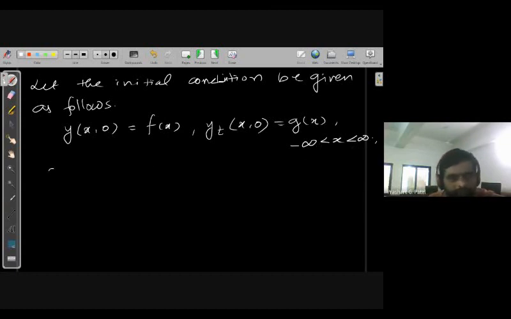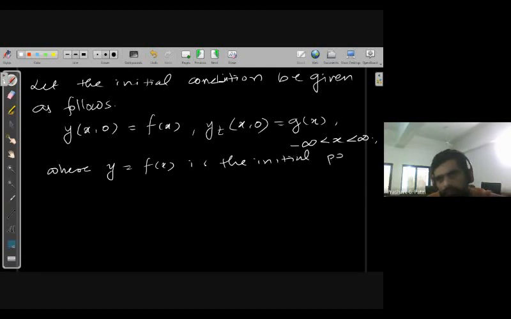Where y is equal to f of x is the initial position of the string. So this is a small f of x, which is different from the capital F of x.